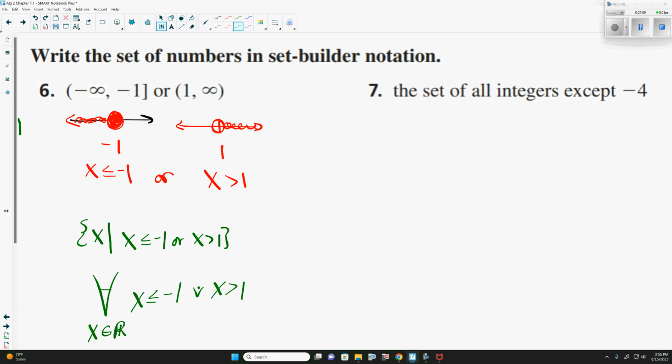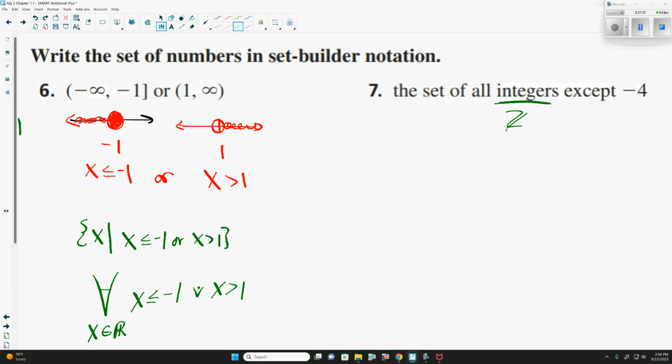The last one on this slide is the set of all integers except -4. So what kind of numbers are we talking about? Integers, except -4. With it telling us that it's the set of all integers except -4, it could be any integer except -4.